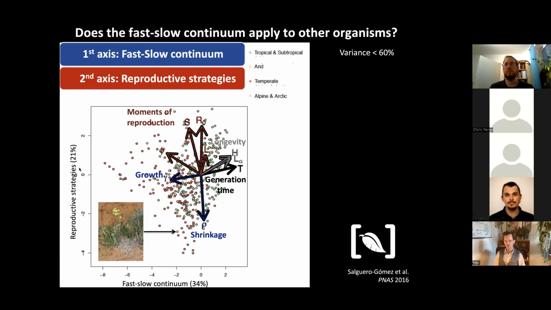And at the top, you have species that have high per capita reproduction and long reproductive windows. They're highly iteroparous, or if you are botanically inclined, polycarpic, and they have high reproductive values.